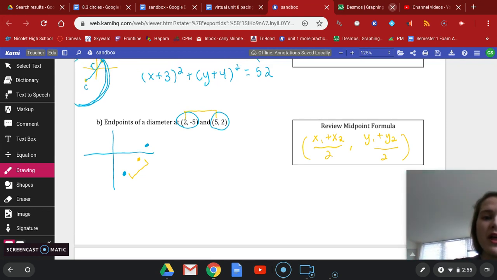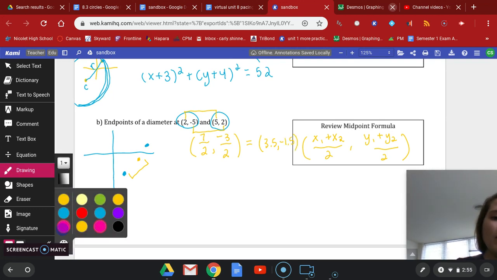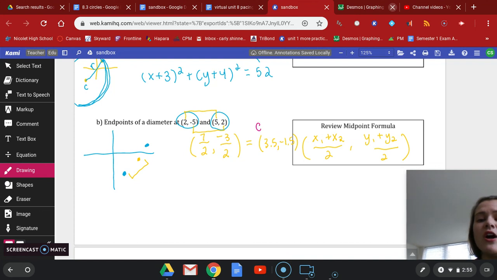So 2 + 5, that would give me 7 divided by 2. And then -5 + 2 would give me -3 divided by 2. So in terms of decimals, that would be 3.5, -1.5. Okay, so there's my center.